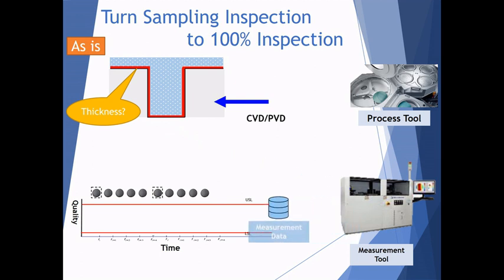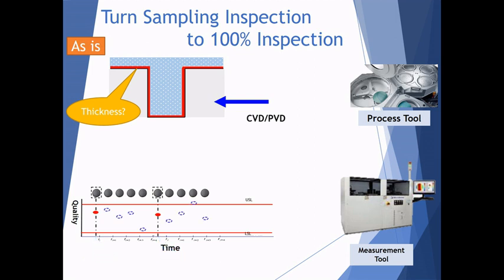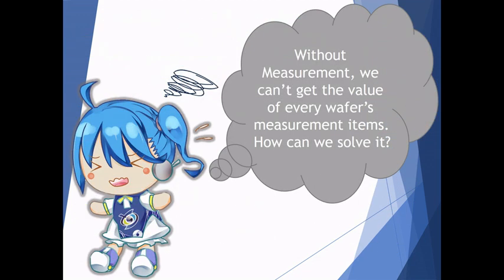It does reduce the cost of measurement, but will lead to quality uncertainty. Also, the user can only get delayed measurement data after the wafer is completed. Without measurement, we can't get the value of every wafer's measurement items.